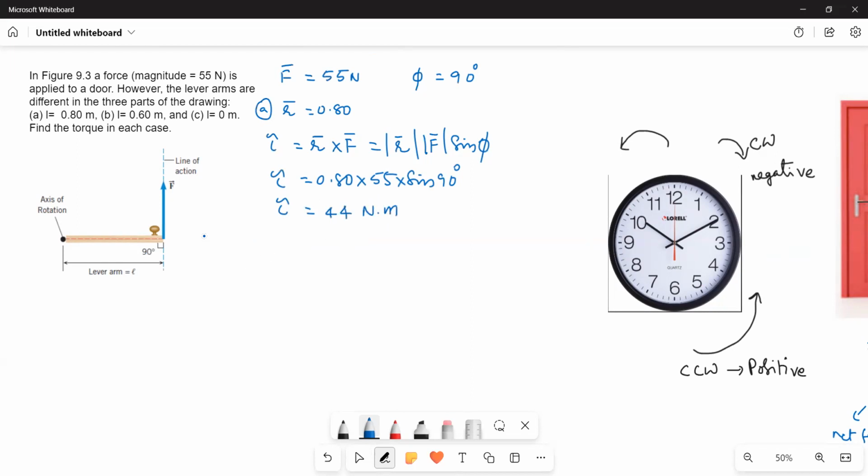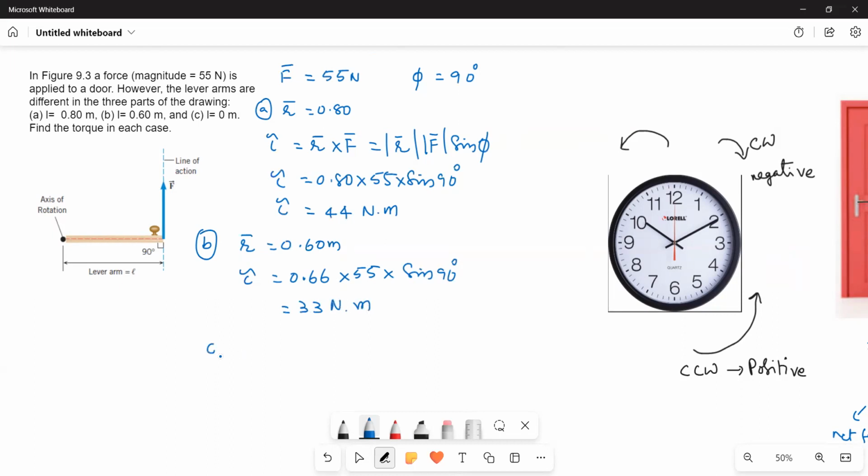Similarly for the second bit, the rest of the things are the same, only R is changing. This is equal to 0.6 meters. Therefore, torque tau is equal to 0.6 times 55 times sine 90, which gives a value of 33 Newton meter.